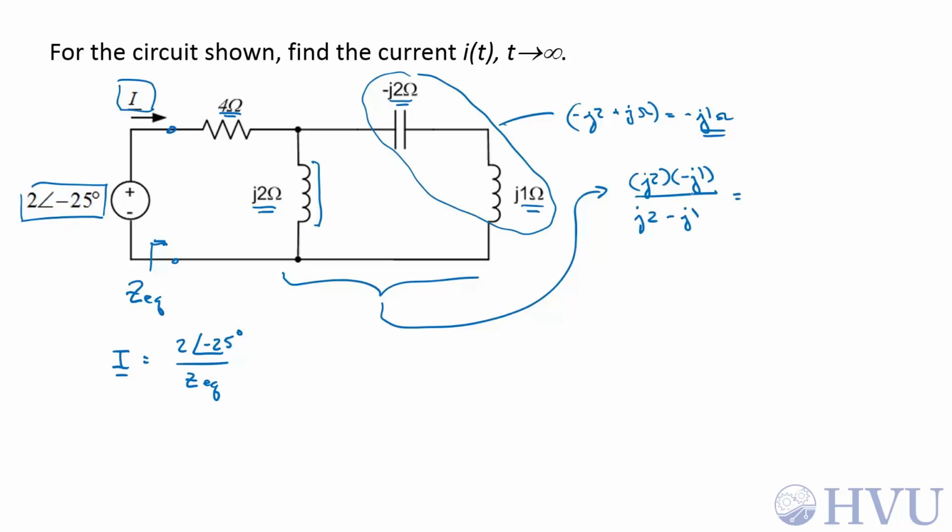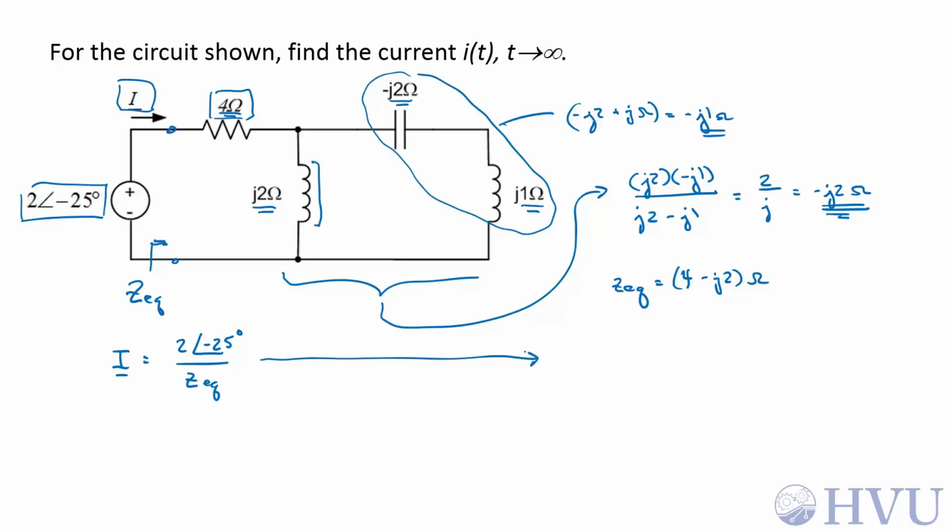J times negative J is just 1, so this becomes 2 over J. Moving the J into the numerator becomes minus J2 ohms. Finally, ZEQ is just this impedance in series with the 4 ohm resistance, so it's 4 minus J2 ohms.